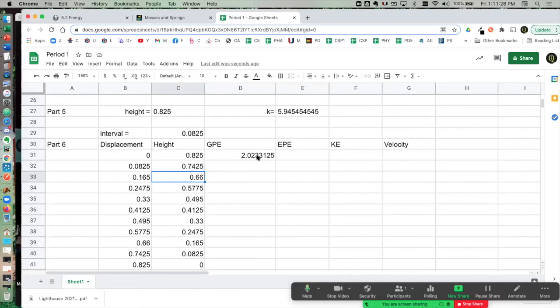Okay, so GPE, did everybody get that equation? This one? It's mass, gravity, height. So 0.25 times 9.81 times, and you have to hit this height cell. That's it for that. And we're going to drag that down and see how the gravitational potential energy changes.